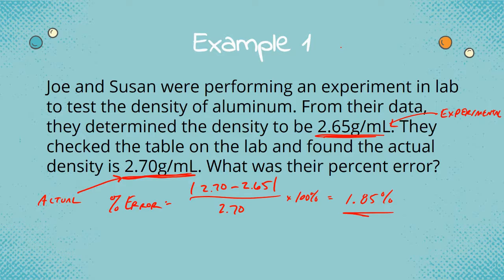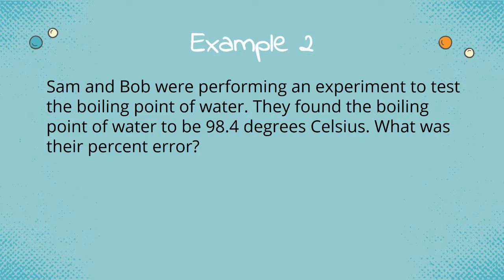So let's look at another example. This time we have Sam and Bob, and they were performing an experiment to test the boiling point of water. What they found is that the boiling point of water is 98.4 degrees Celsius. So what was their percent error?